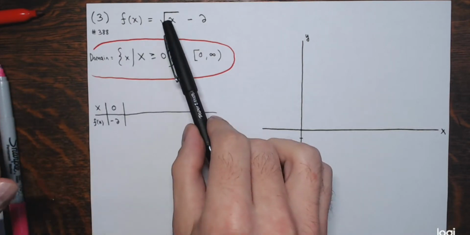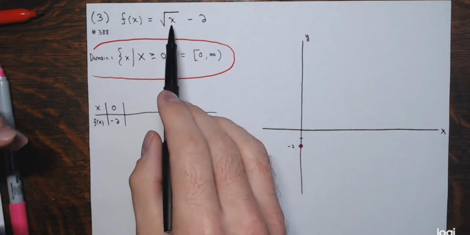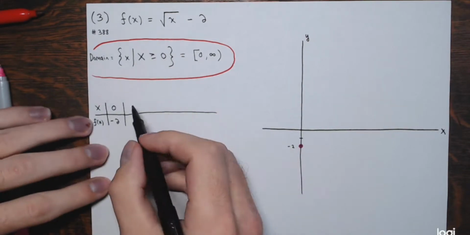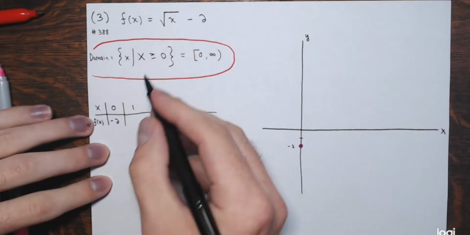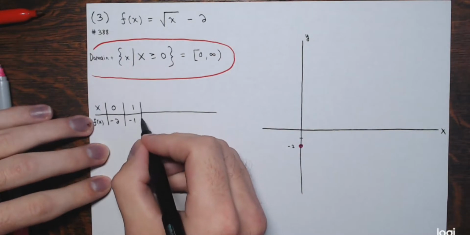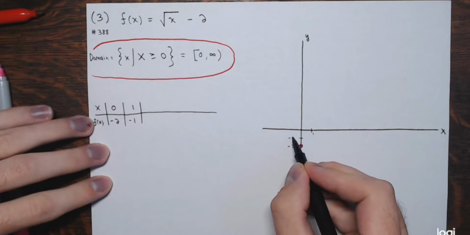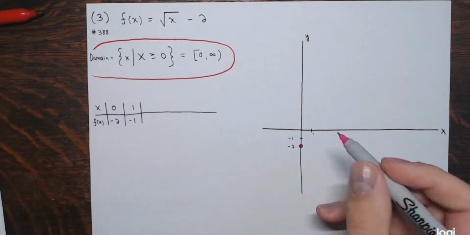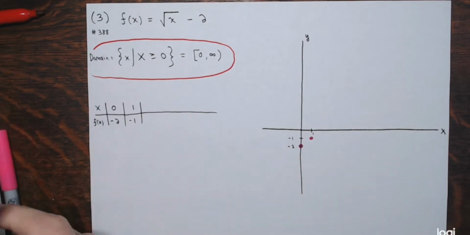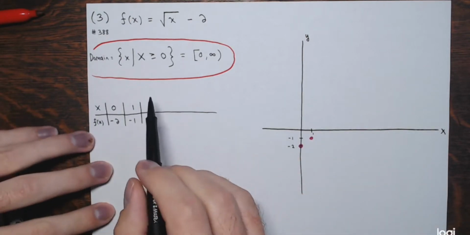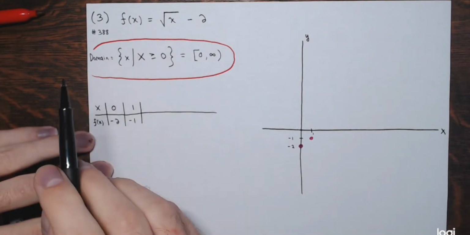Then once again, it's a square root. So I'm going to pick values of x strategically so that we have square roots of perfect squares. Now, if x were 1, that's good. The square root of 1 is 1. But then you got minus 2. 1 minus 2 is negative 1. So I have the ordered pair 1, negative 1. So input 1, output negative 1. And that would be this point here. All right, then you can plug in 2, and you have the square root of 2, then minus 2, which is fine. I mean, that is a number.